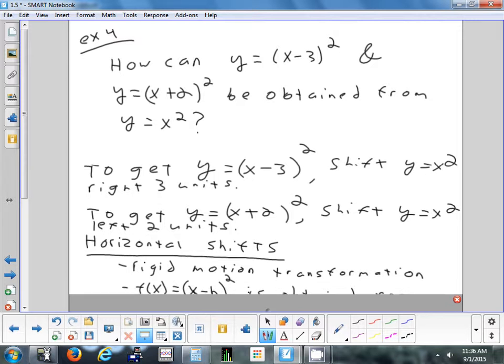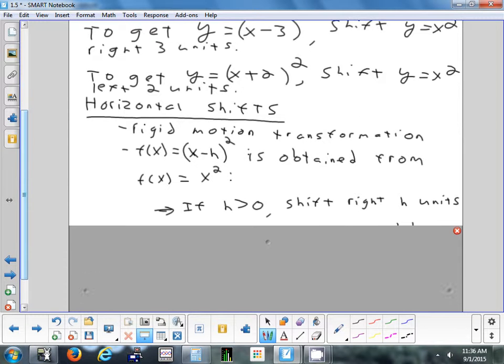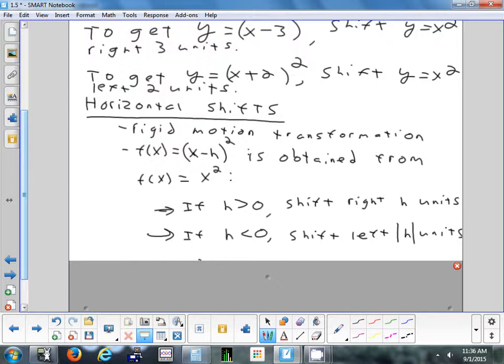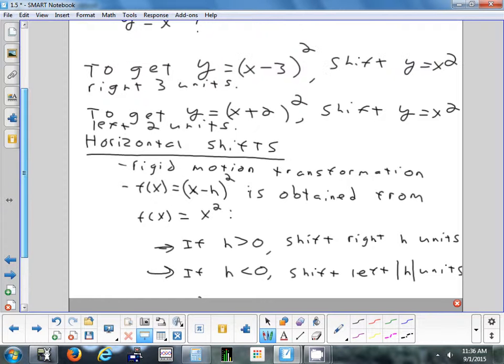All right. Okay, so horizontal shifts, again, another rigid motion transformation. The idea is if you have a positive number... Okay, what I've done here is I've written it with a minus sign. Another trick you can do is look for the number that's after the minus sign.